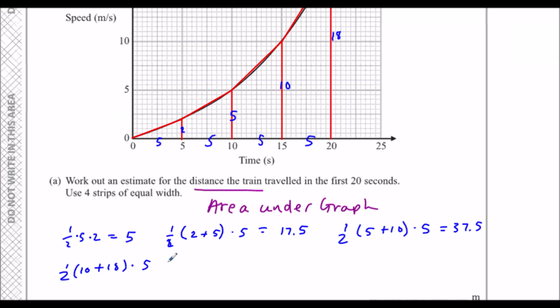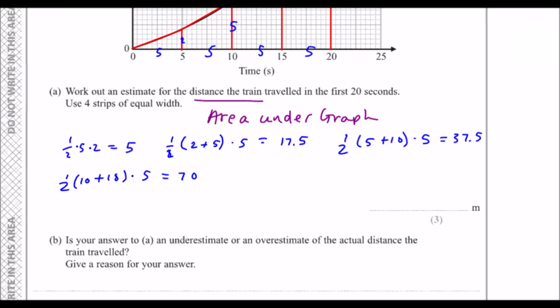And that's 70. So we're going to add them all up. So 5 plus 17.5 plus 37.5 plus 70, and that's 130 meters.